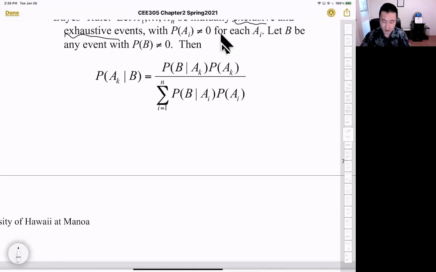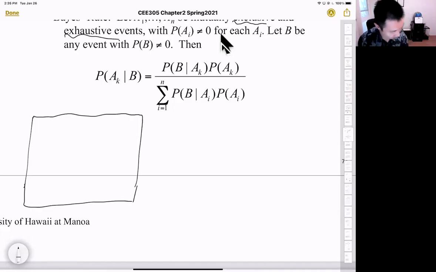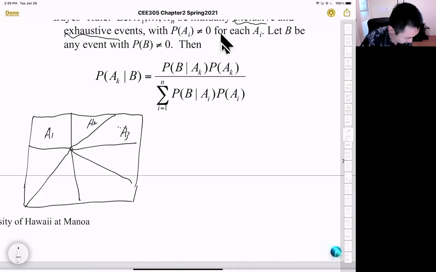Let me draw this. Again, let's draw a Venn diagram. In this case, A1, A2, ..., Ak are mutually exclusive and exhaustive events. So let's say this is A1, A2, A3, Ak, An.